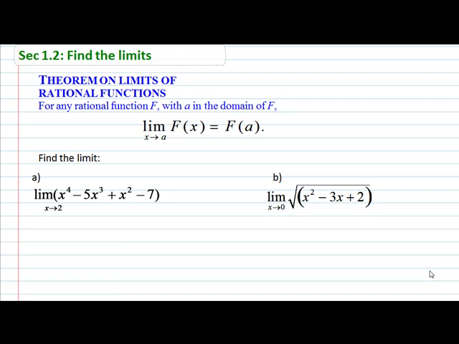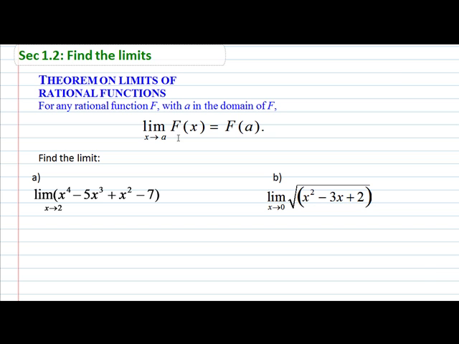In this section, we learn how to evaluate the limit of a function by using the limit property principle and the limit of rational function theorem.